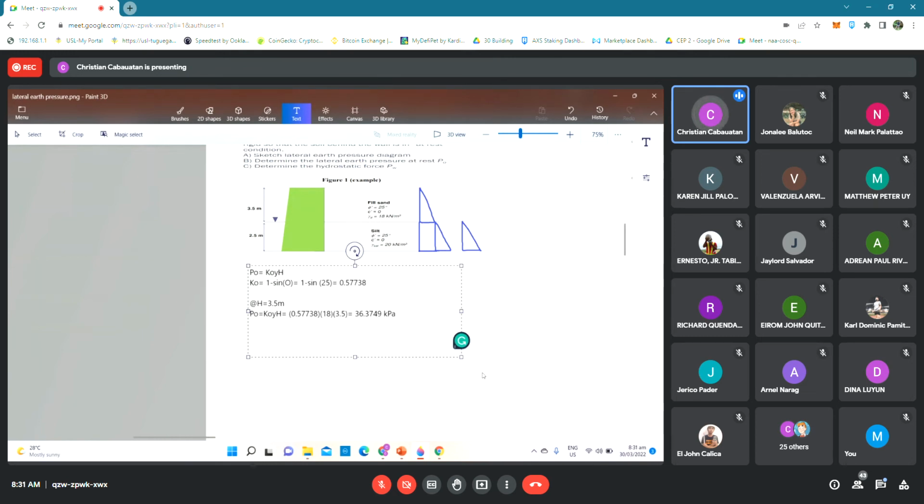So at the bottom, let's go to the second layer, which is at a height of 6 meters.